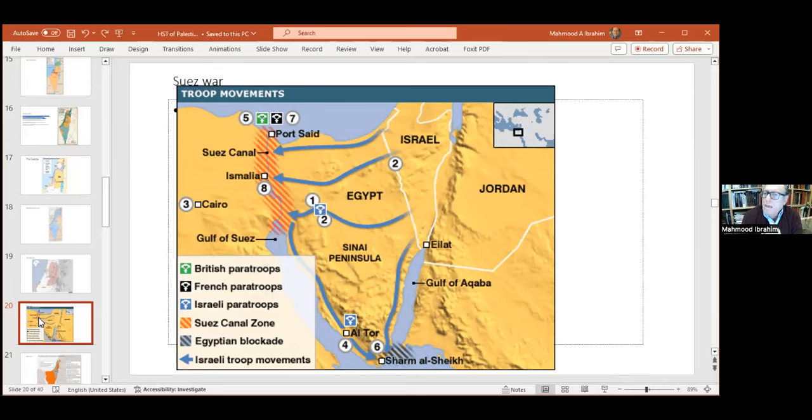So indeed, from 1956 onward, Nasser's reputation would skyrocket within the Arab world.